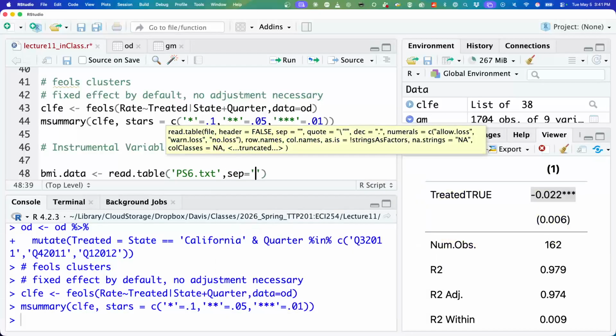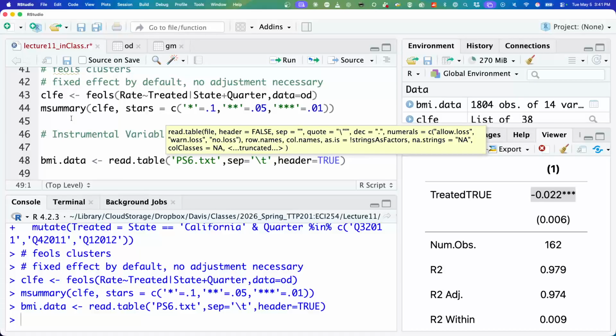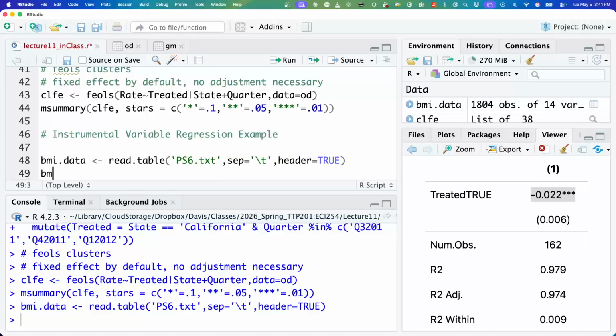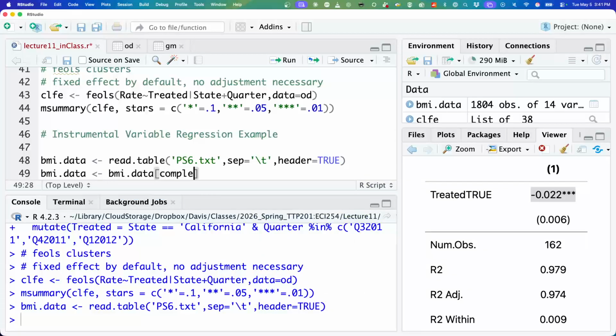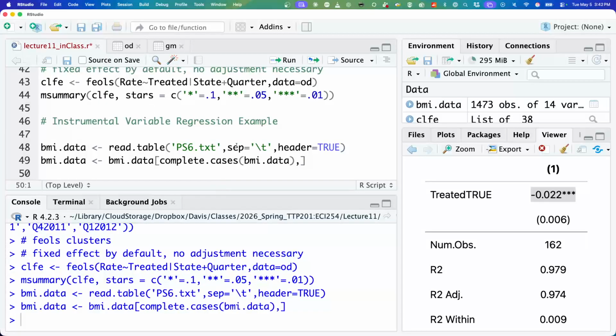It's tab separated, so I do have to specify that. Header equals true because there are column names. And I'm going to just keep the rows that are completed. So if there's any NAs, we're just going to get rid of those.